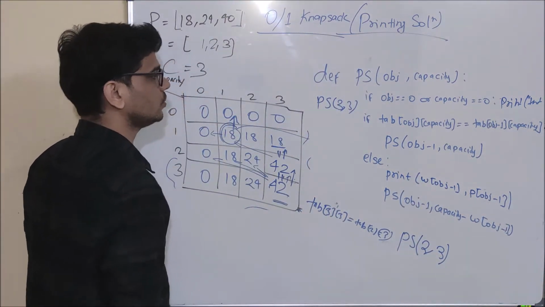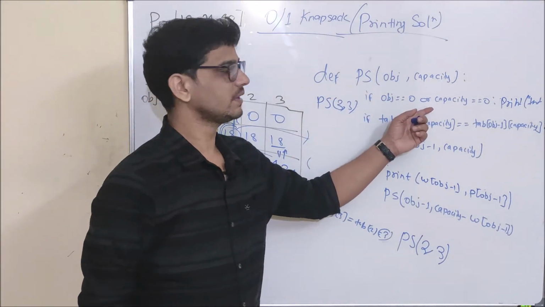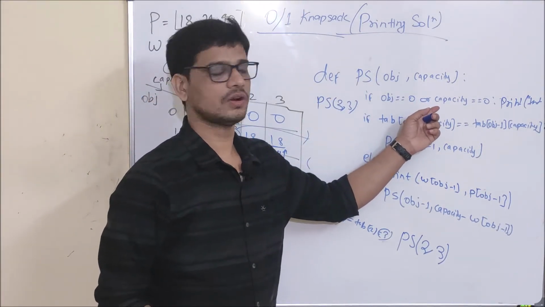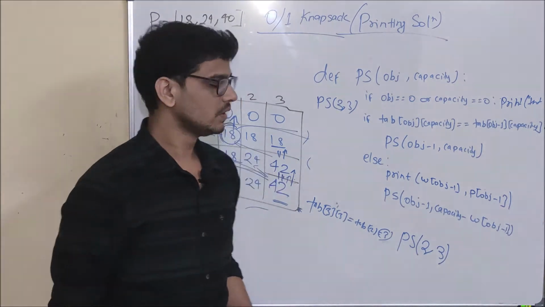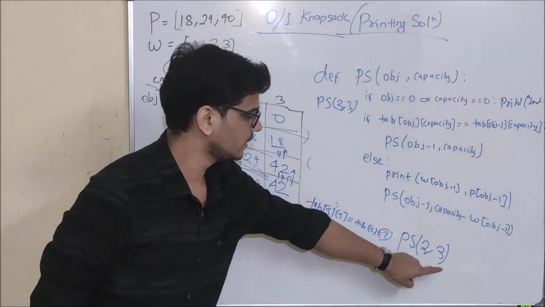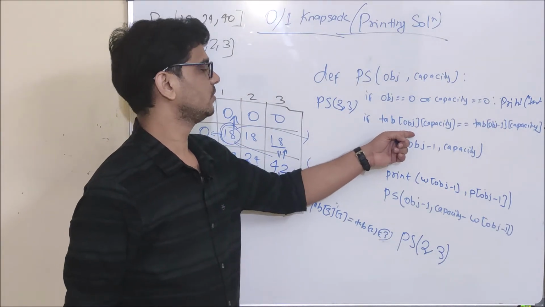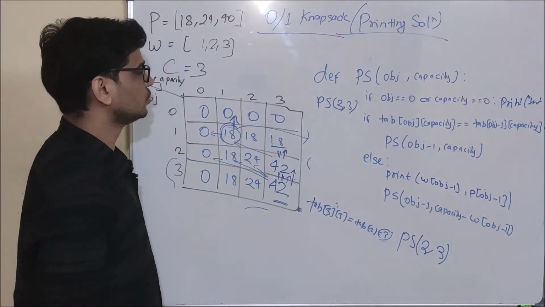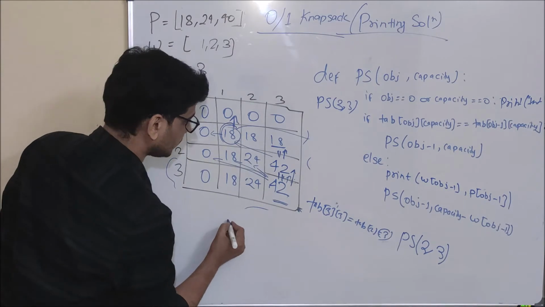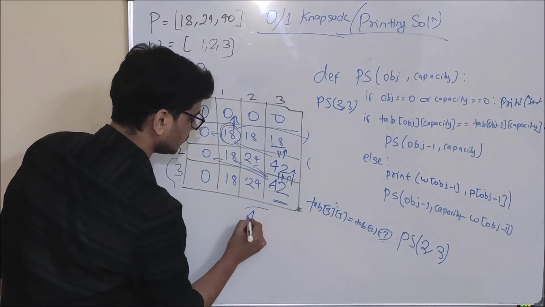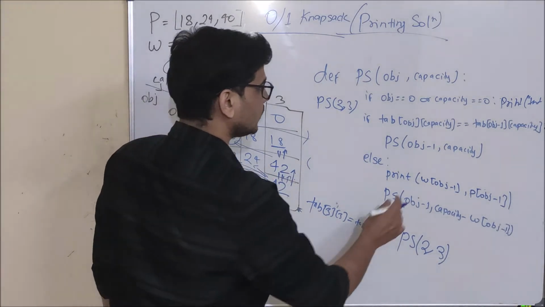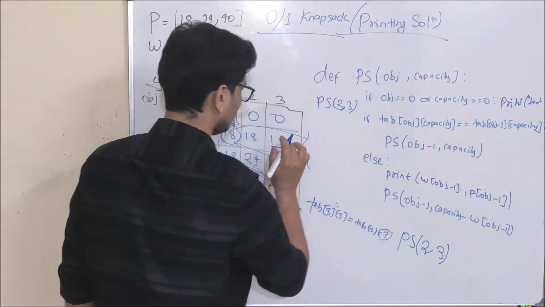After that, what is going to happen? Again, the base check will be done, that is, whether obj is equal to 0 or capacity is equal to 0. So obj is 2 and capacity is equal to 3. After that, this particular thing will be checked. What is tab of 2 3? Tab of 2 3 is equal to 42 and tab of 1 3 is equal to 18.